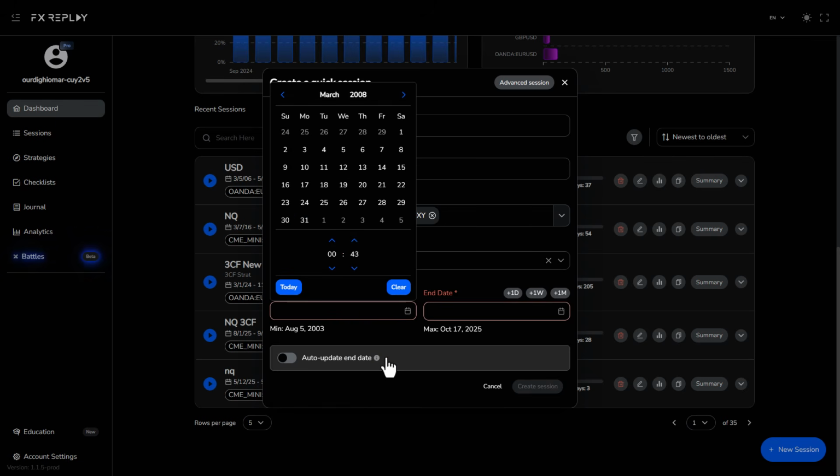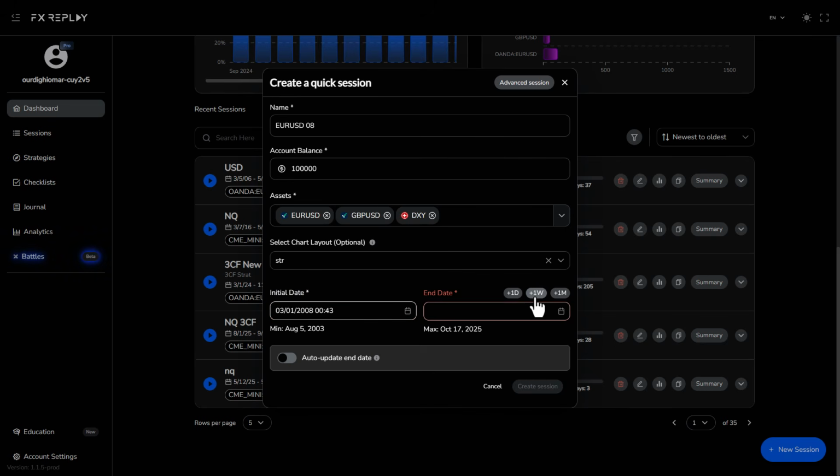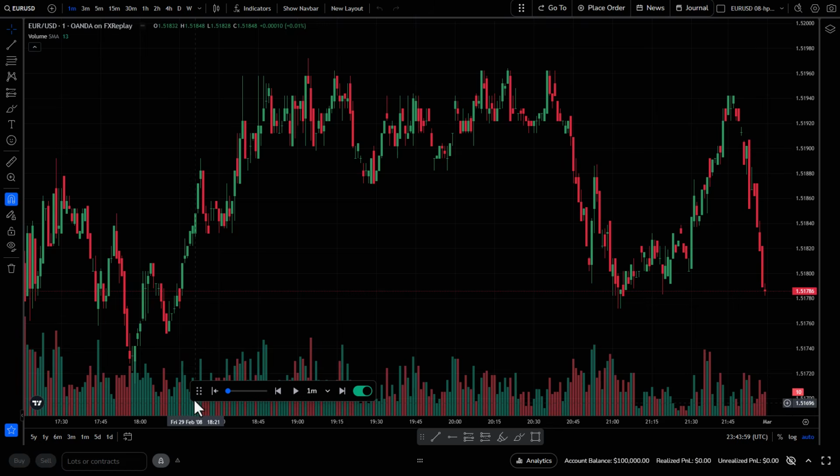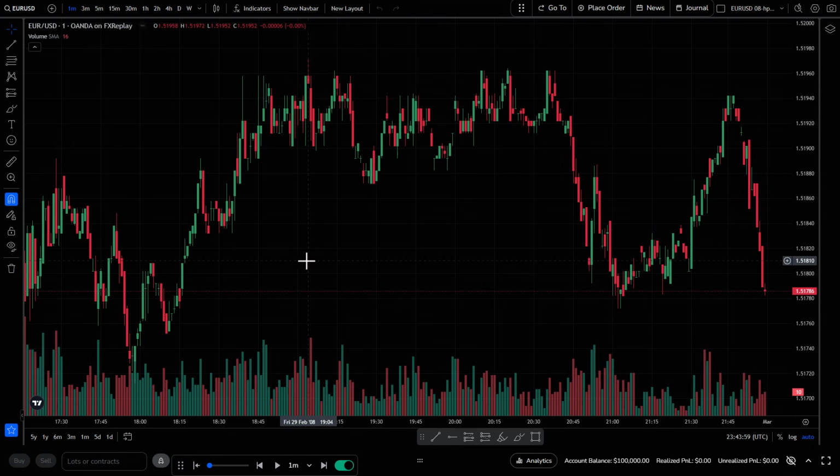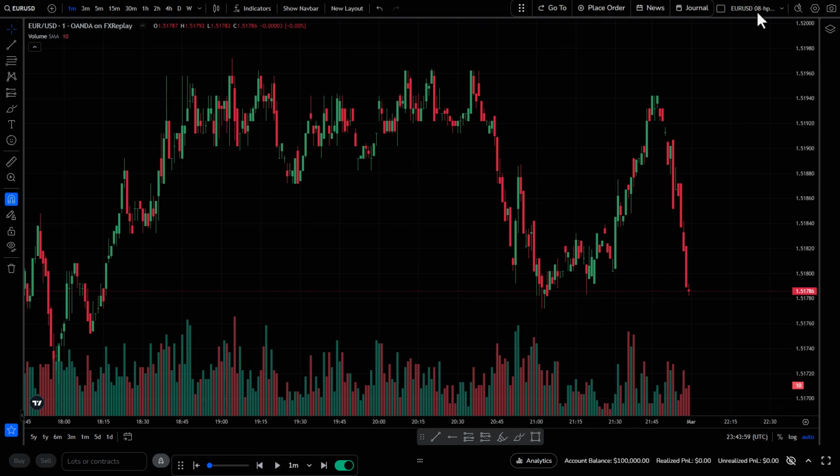Let's start March from 2008. Let's try to backtest a month. I don't want to make this longer, but let's see. I'm gonna take a couple of trades and backtest and see how price action was reacting back then.